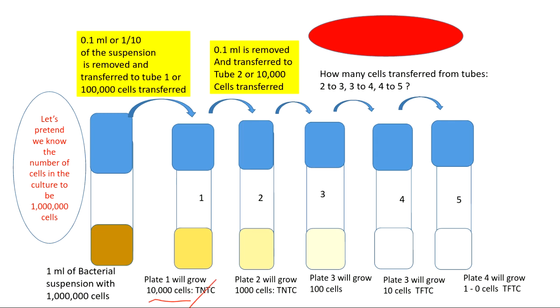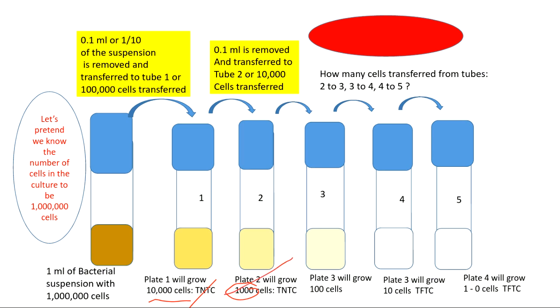Tube number 2 has 10 times less, which would be 1,000 cells. You might say, I guess you could count 1,000 cells, but that is statistically too many. Mistakes will be made. So again, too many to count. You want something between 30 and 300. Don't even bother with this plate either.